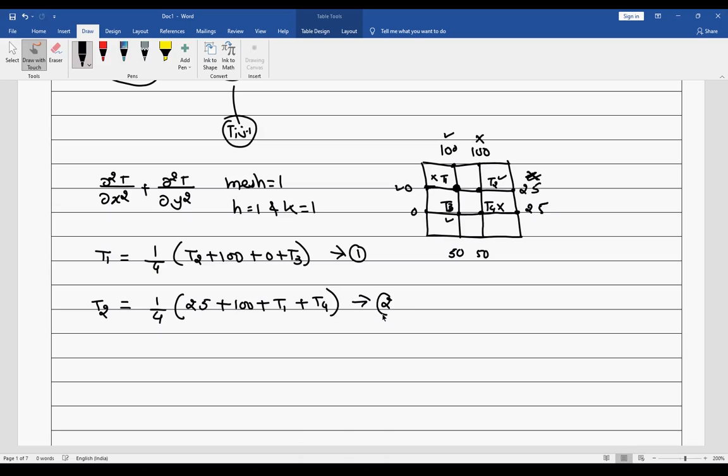This is my equation number 2. Please type 2 if you have understood.